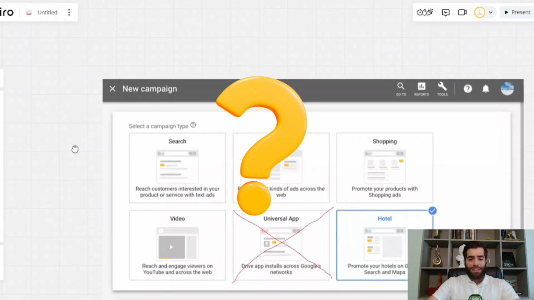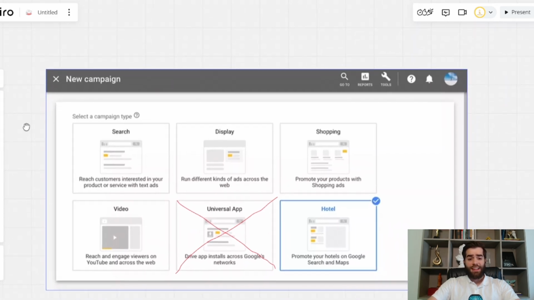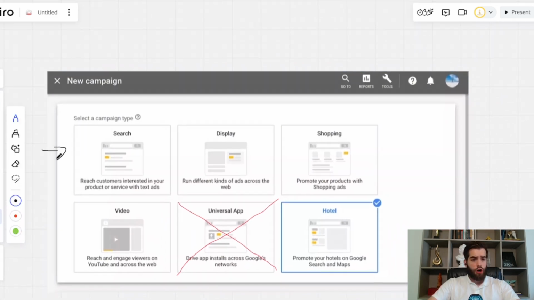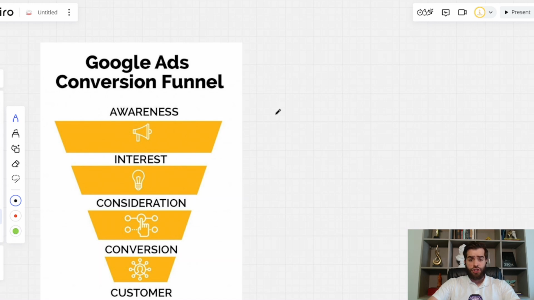So what is the best strategy for you to use? Which campaign are you going to use for each part of the funnel? That's the tricky situation, because if you're using search campaigns or just video campaigns, your campaigns can be structured around your whole funnel process. Search campaigns can be used for awareness, for interest, for conversion, just to get more customers.